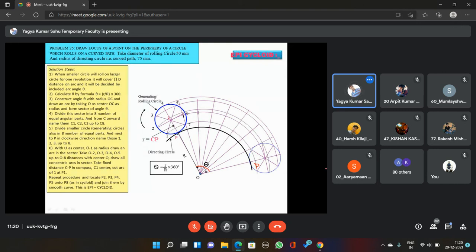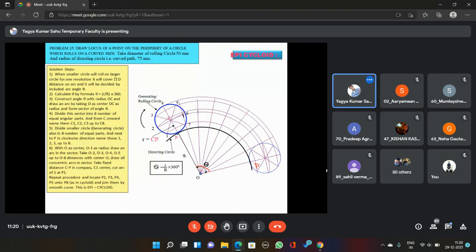What were we doing in the previous question? We were drawing horizontal lines from all the points. Now in this question we are drawing concentric arcs.